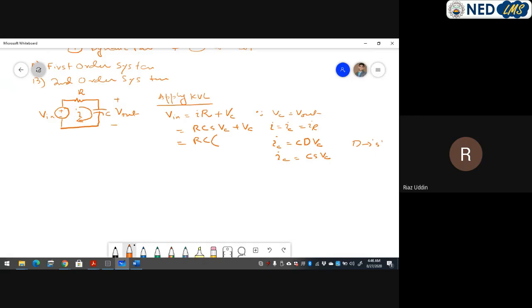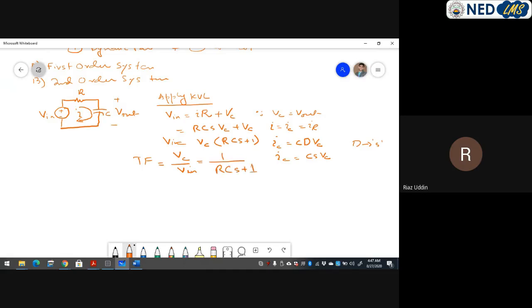Right now I'm just taking VC as common, and it comes out to be RCS plus 1, times VC, equal to V in. Now the output VC upon input V in, which is your system transfer function in the first order case, is 1 upon RCS plus 1.